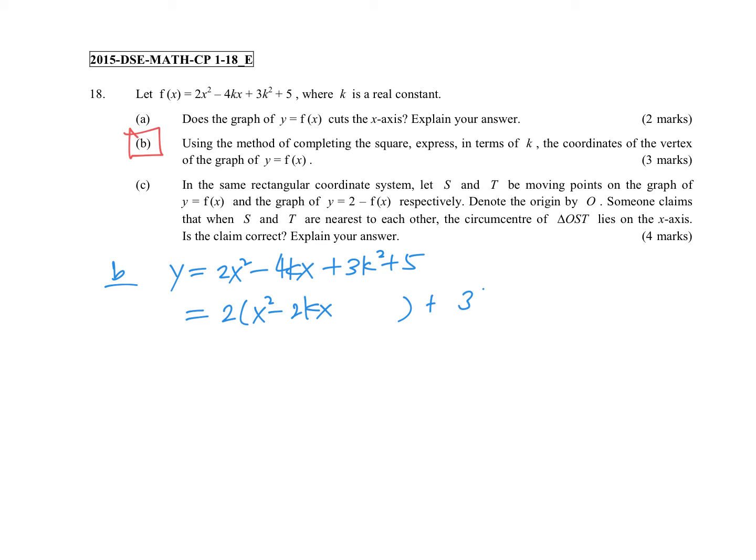The constant term is not very important, so just put it aside. For the coefficient of x, there will be negative 2k. We halve it, so there will be negative k, and then square it, so that's why plus k squared minus k squared.